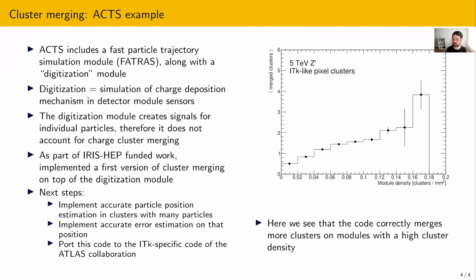We see that for modules where the density is much higher, we find on average more merged clusters, as we would expect. The next steps for this project would be to implement accurate particle position estimation in clusters with many particles, with accurate error estimation on top of that. And we also want to port this code to the ITk-specific code of the ATLAS collaboration.